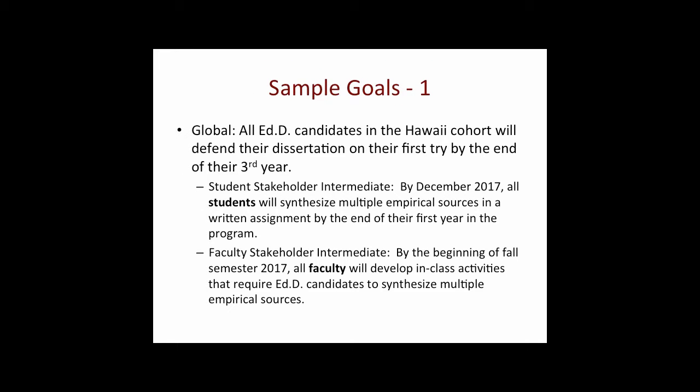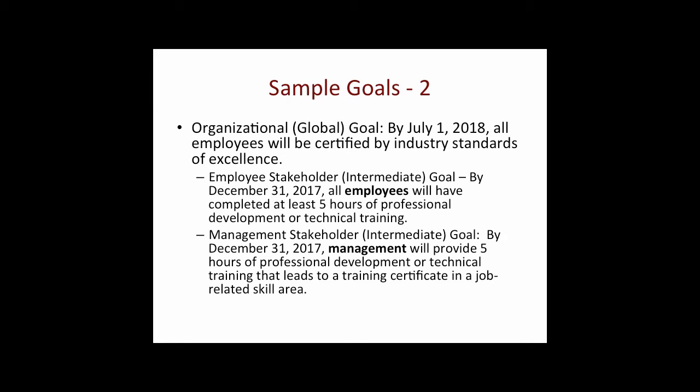So the next 3 slides here are samples of goals. They're samples of global or organizational goals. Again, we are using the words synonymously here. And then it gives examples of stakeholders, just 2 stakeholders in these cases, because I ran out of room on the slides. 2 stakeholders and what their goals would be.